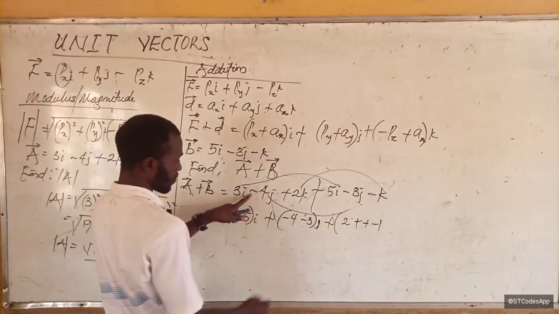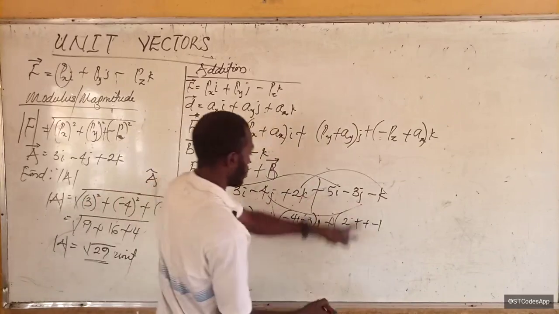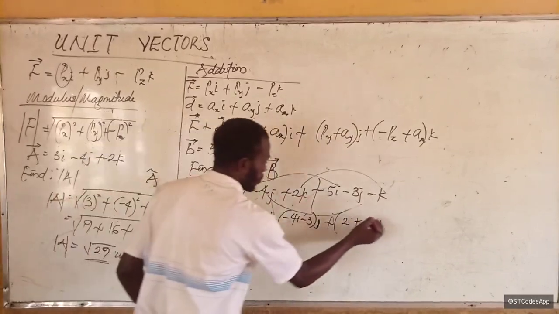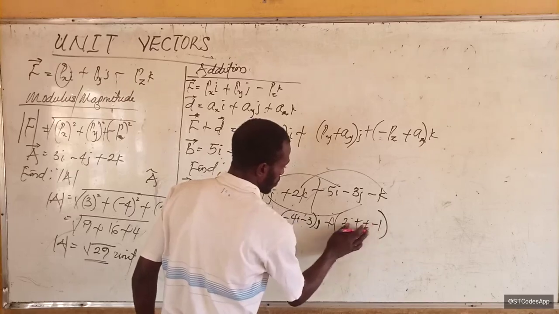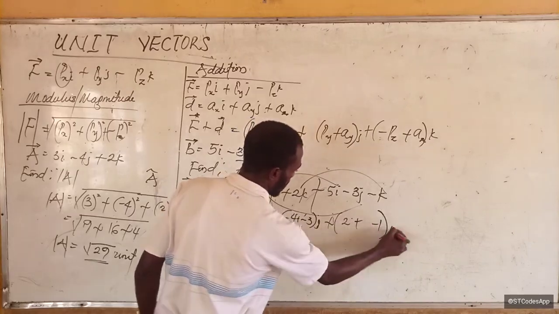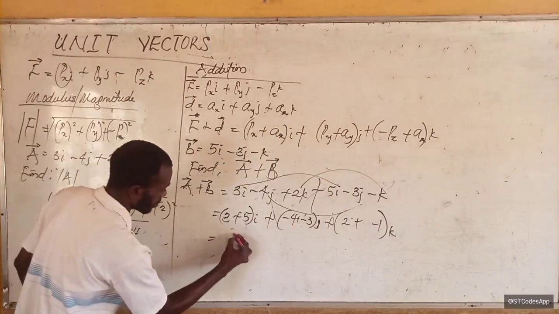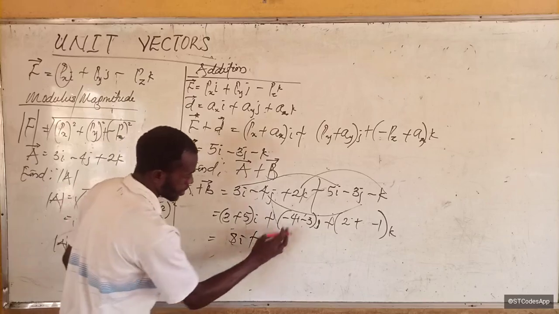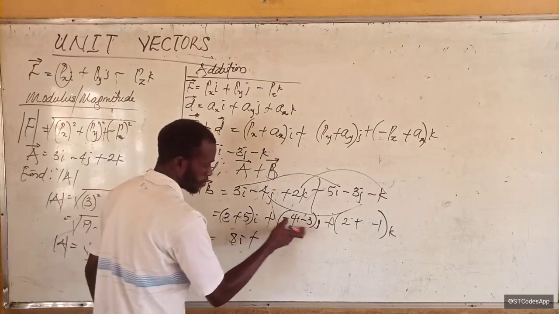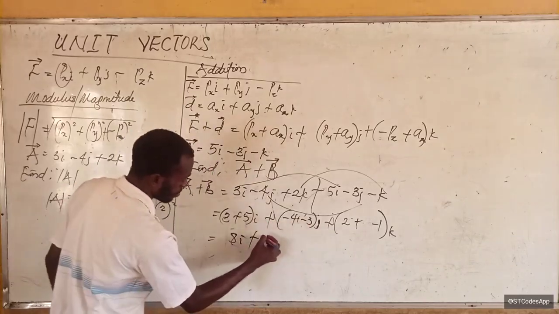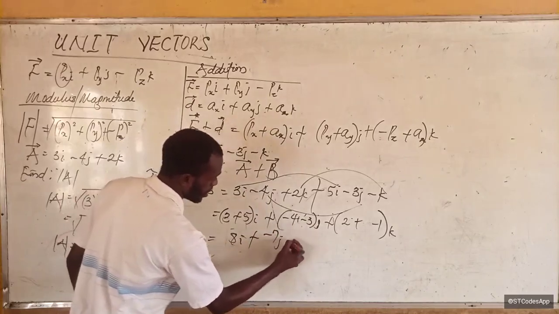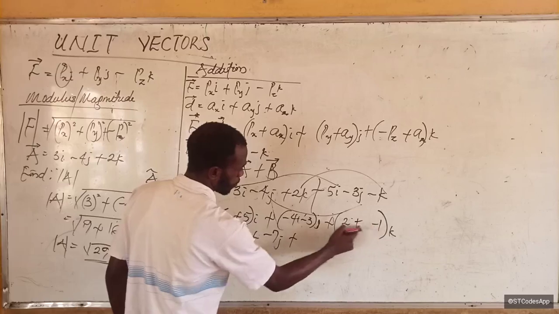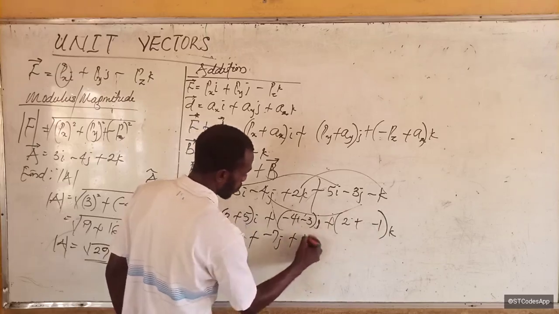So this is minus 4 plus minus 3. Right. So both of these become 2 plus minus 1k. So we'd have this plus this, 8i, follow me, plus this minus this, that will be minus 4 plus minus this, that's minus 7j, plus 2 plus minus 1, that's 2 minus 1, which is 1k.